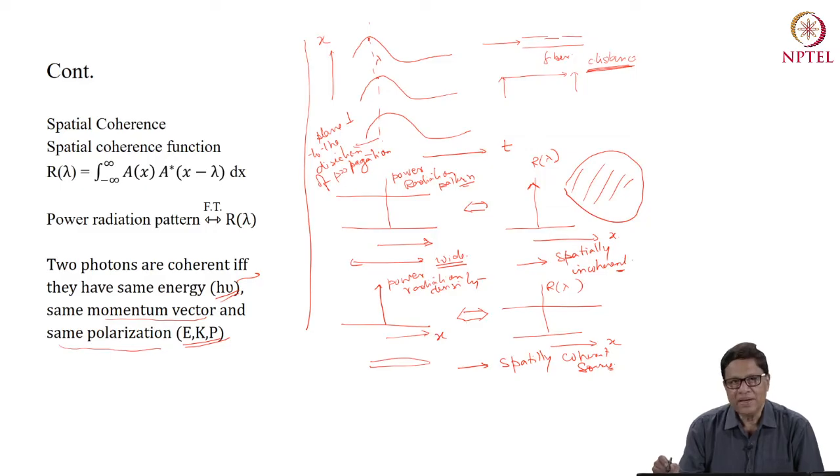If the laser is temporally coherent, that means it is emitting an almost monochromatic source, but in actual practice you don't have a monochromatic source. It has some bandwidth delta lambda. We'll discuss this delta lambda a little later.